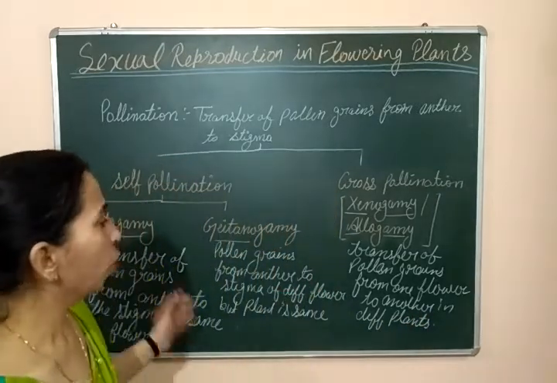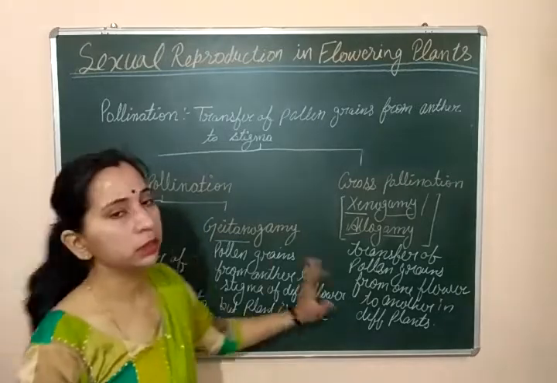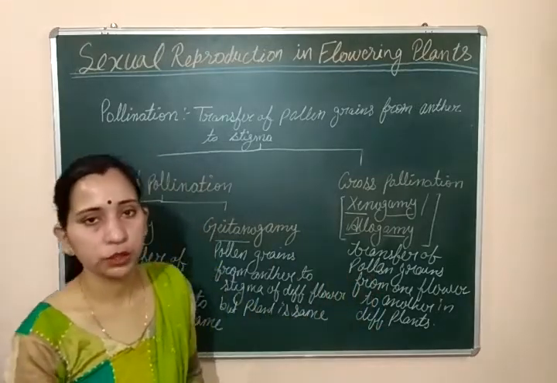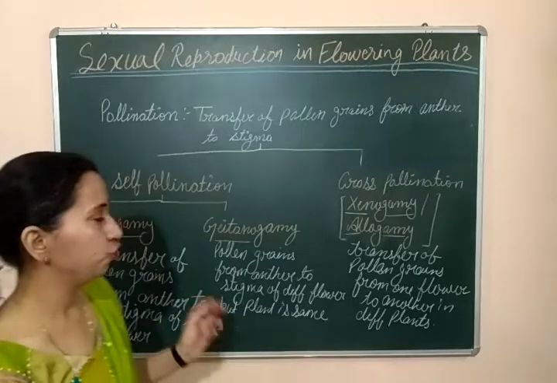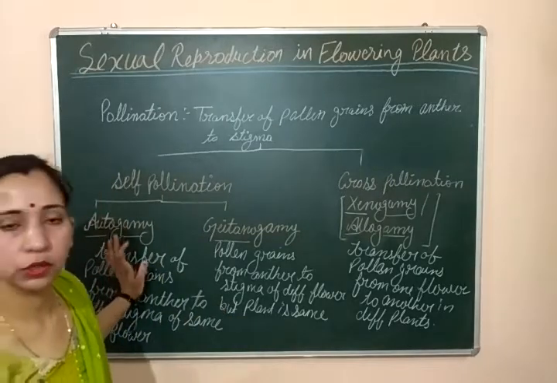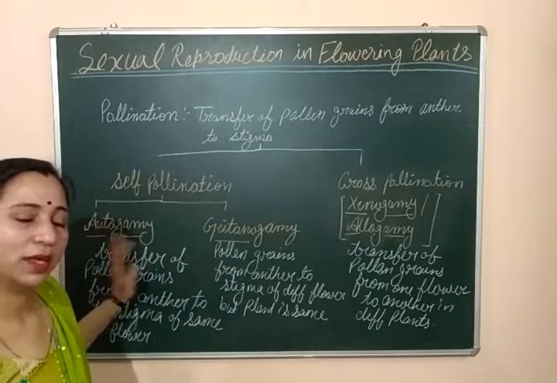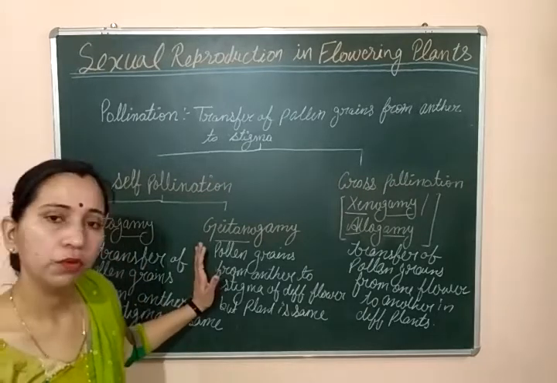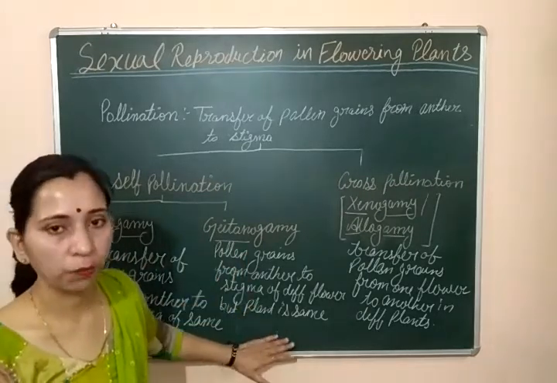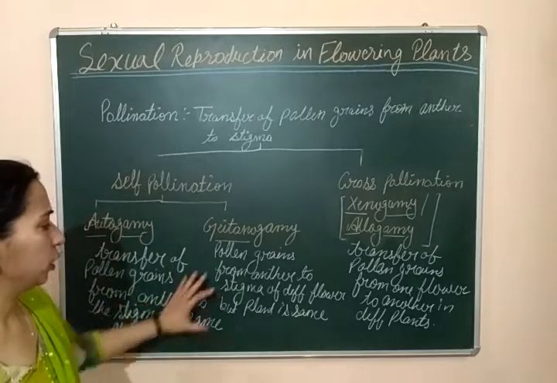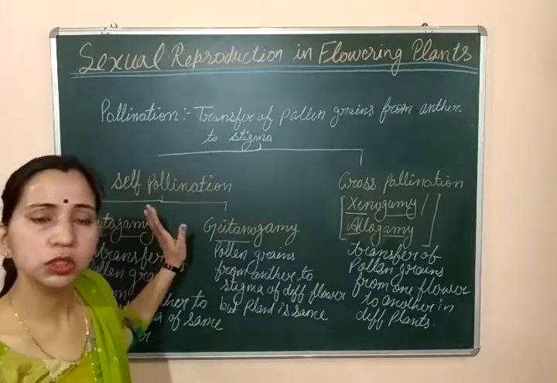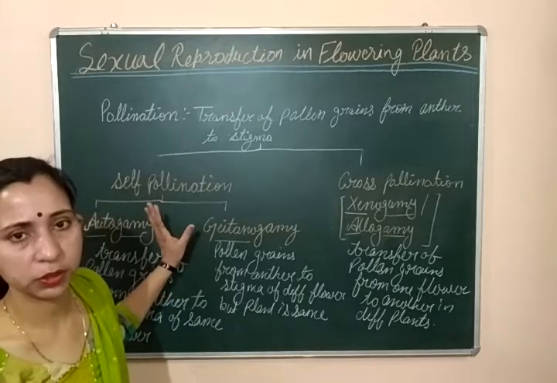Now let's see what are the advantages and disadvantages of such types of pollination. In the case of self-pollination, we are saying that transfer of pollen grains is done from one flower to the same flower, or from one flower to another flower of the same plant. In self-pollination, the chances of pollination are 100%.